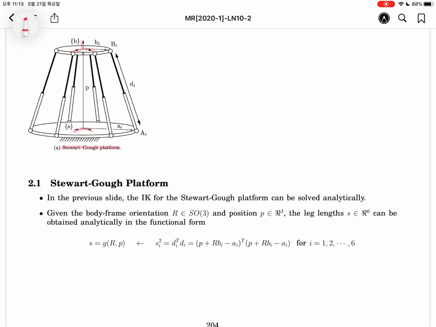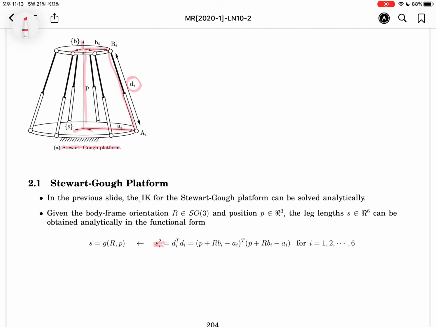As you know, this constant vector will be used to determine the kinematics. The d vector and the p vector plus b are the same, so we can determine the di vector, and then we can calculate the length of the leg si using the norm operation.